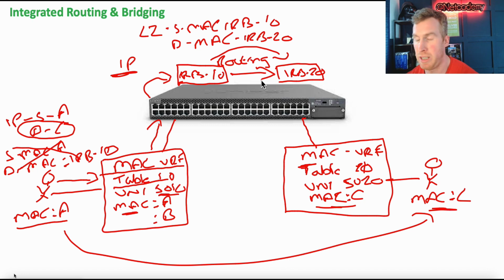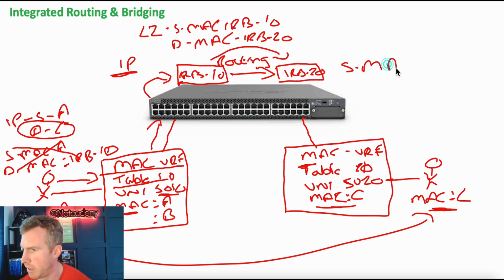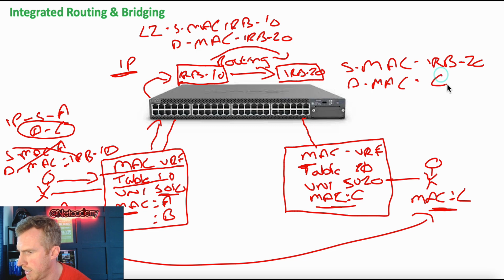And then IRB.20 will see, you want to get to MAC address C's IP address, and it will do a routing lookup as well. And then it will add on its source MAC address information. So that would be IRB.20. The destination MAC address will be user C. And then you're going to have the IP address information.